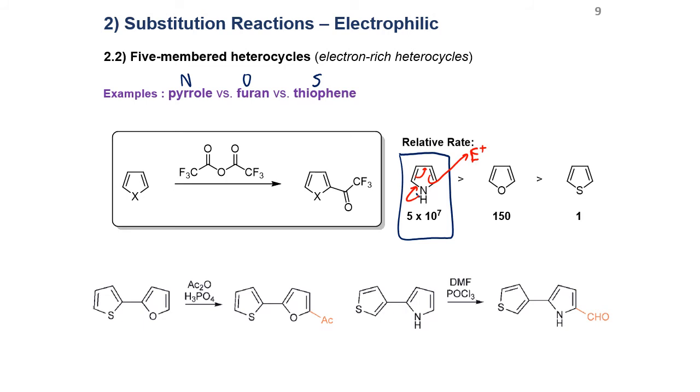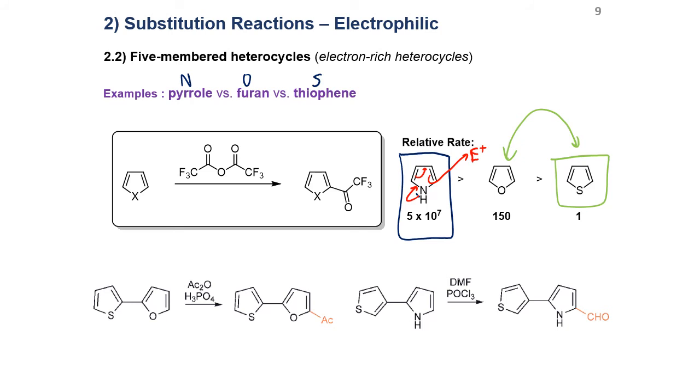And if you compare furan and thiophene, we know that thiophene is much more aromatic-like, as we mentioned in the first lecture, and more stable than furan. Therefore, breaking the aromatic system of thiophene is harder than breaking the furan aromatic system, which makes the reaction slightly slower than that of furan.